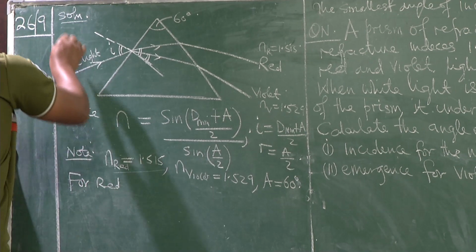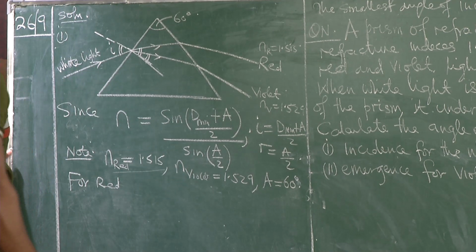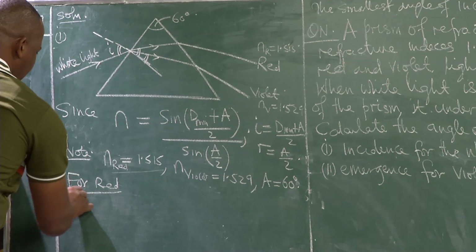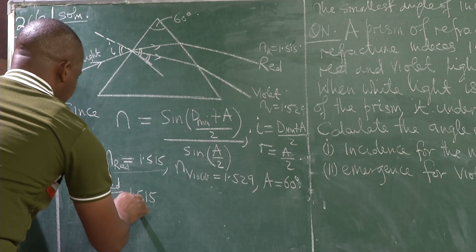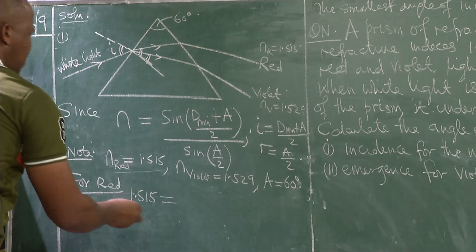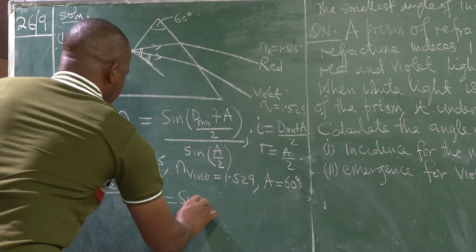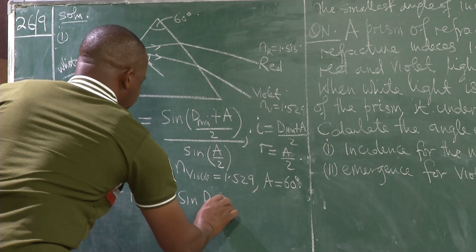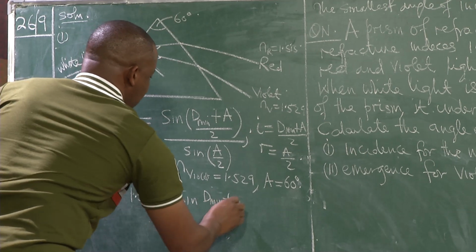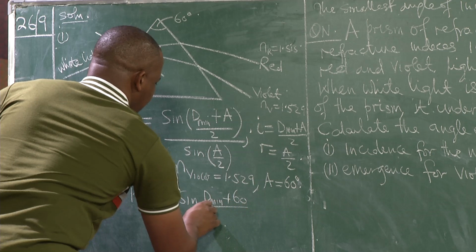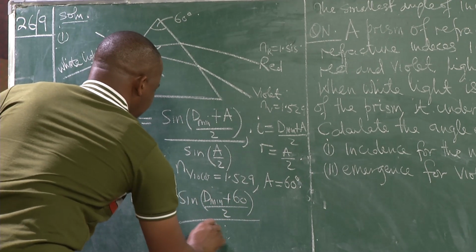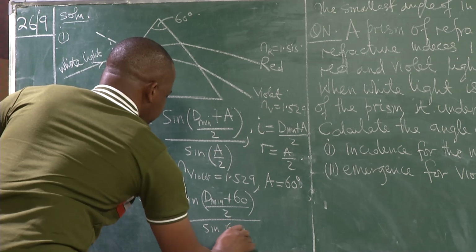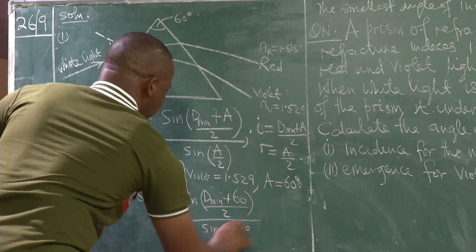for red, that's part 1. I will have my 1.515 as my refractive index being equal to the sine of d min plus the A, which is 60, all over 2, over the sine of 60 over 2.